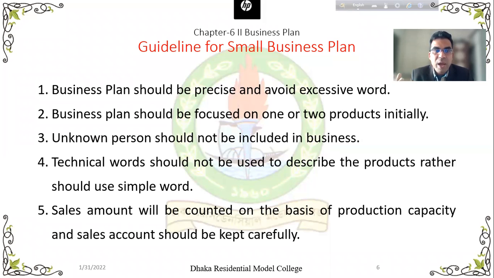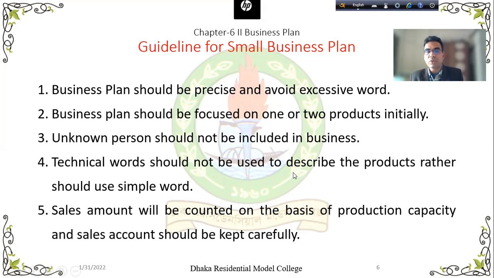Then number 5, sales amount will be counted on the basis of the production capacity. বলছে যে উৎপাদনের সক্ষমতা কতটুকু তার উপরেই বিক্রয়ের মাত্রা নির্ধারণ করা উচিত। ধরে নাও উৎপাদন হচ্ছে 10টা, তুমি যদি 15টা বিক্রি করতে চাও, তুমি কি পারবে? হবে? No, sir. No. Okay.